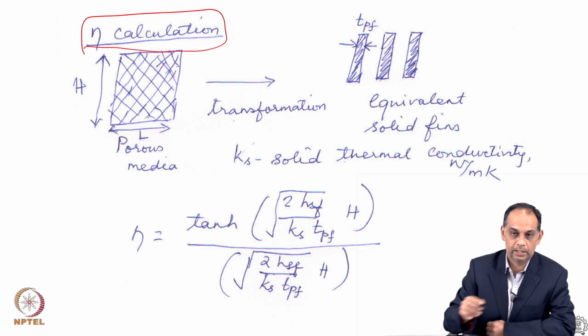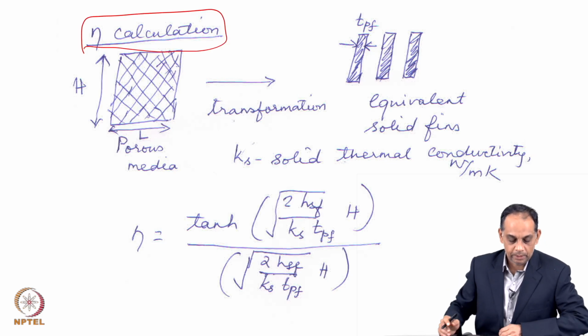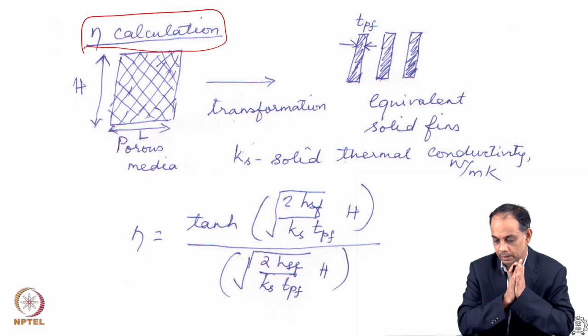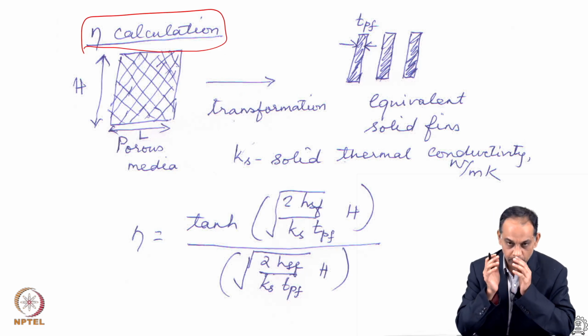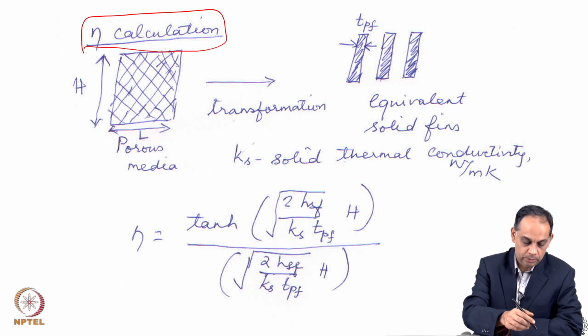So we are going to calculate a fin efficiency here, and for that we are going to use an approach developed by G.I. Taylor for modeling porous media for fluid flow. What we are going to do is that there is going to be a porous media.